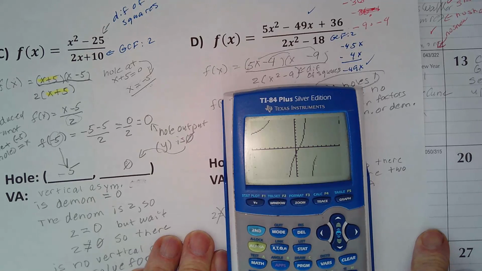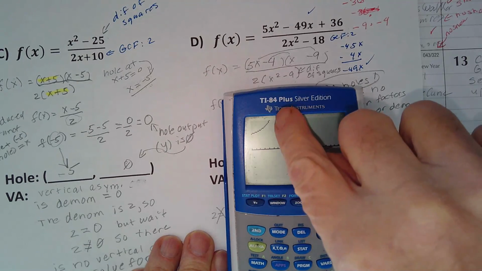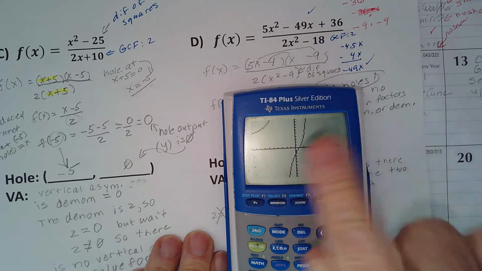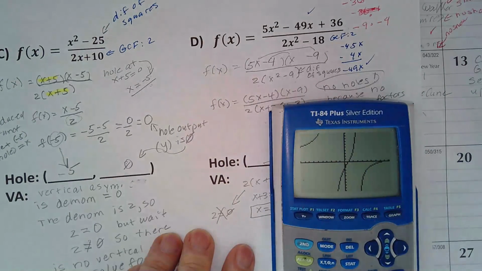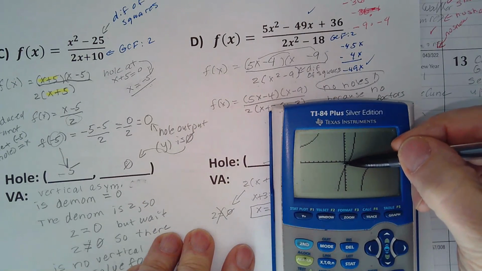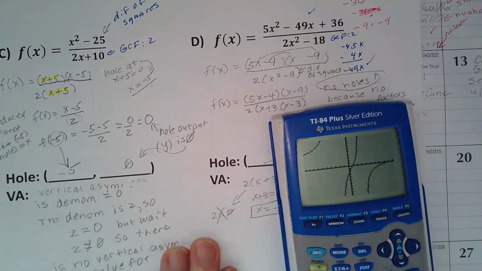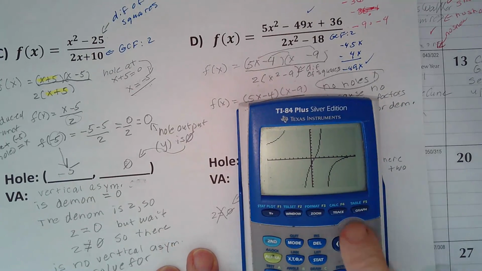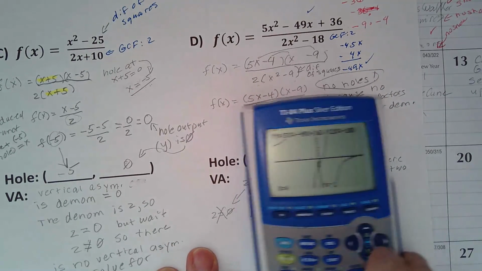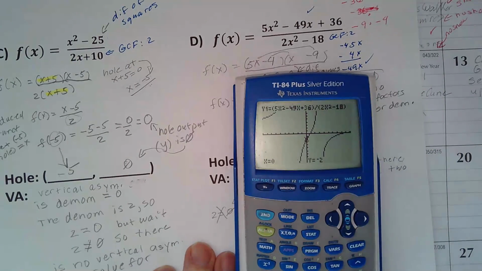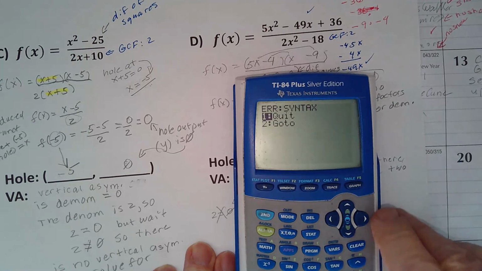Ooh, this is a kooky, crazy thing. Well, okay. So the whole idea is that you have a line somewhere in the middle here. There should be a vertical asymptote at x equals negative 3, so it should be somewhere here. We can figure that out with a trace. If I push trace and put negative 3 in for x and hit enter, oops, I did that wrong. I may have to go back and retype the whole thing again. I should have just hit graph.